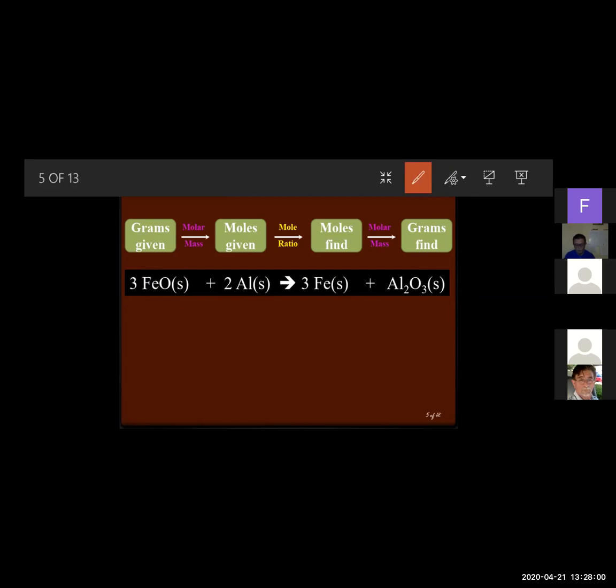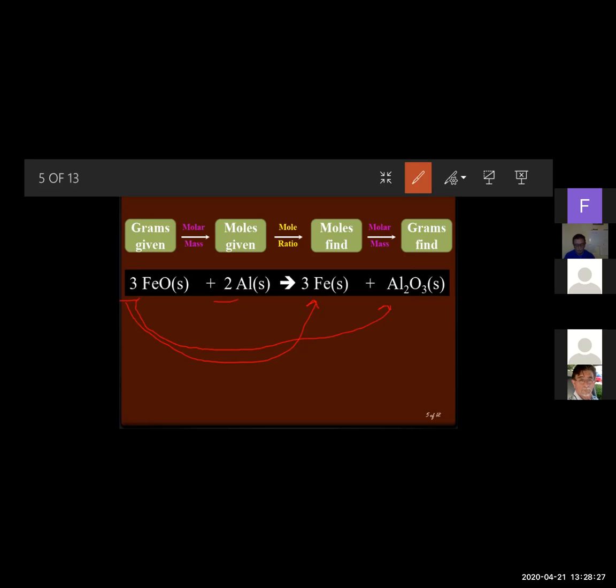It takes 3 iron(II) oxides for every 2 aluminums. 3 iron(II) oxides will produce 3 irons, and 3 iron(II) oxides will produce 1 mole of aluminum oxide. That's the relationship between one of the reactants and 2 products.